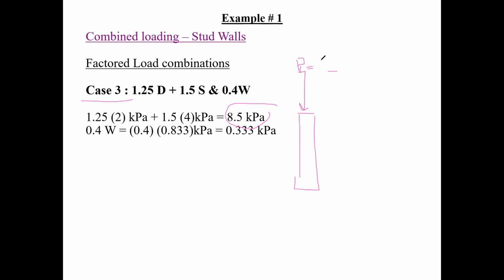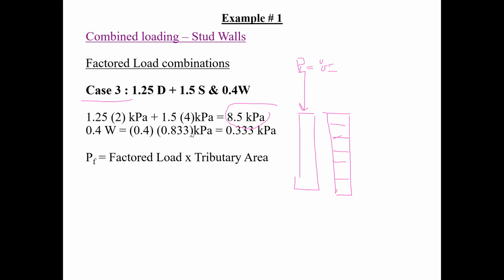I have a PF of 8.5, and I have a WF acting on the wall. That's what I like about doing it this way. It's very simple.